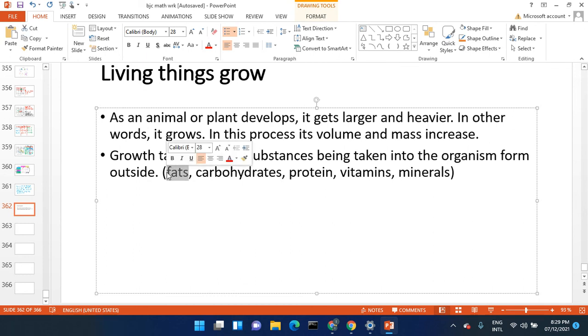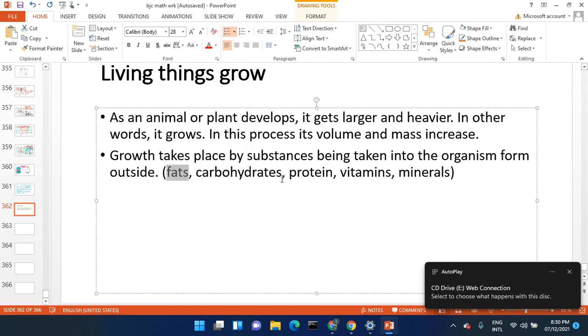Where do we get fat from? Butter. Okay, oils, coconut oil, olive oil. We get it from nuts as well. We get it from avocados. Fat also comes from fatty foods like grease, you know, cows, pigs.